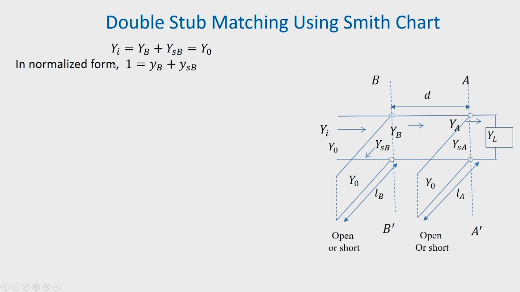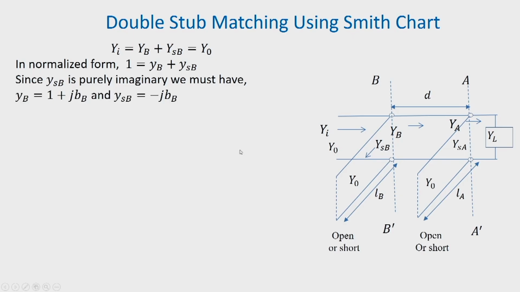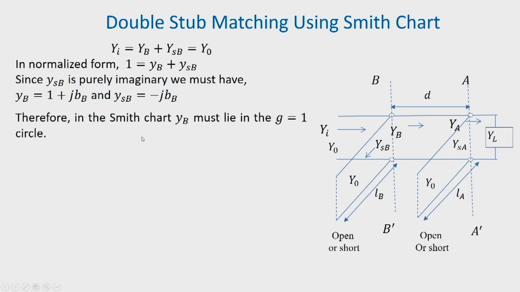We can write this equation in the normalized form: 1 is equal to normalized YB plus normalized YSB. Since YSB is purely imaginary, we must have YSB equal to minus jBB, the susceptance of the stub, so that we finally get yi equal to 1.